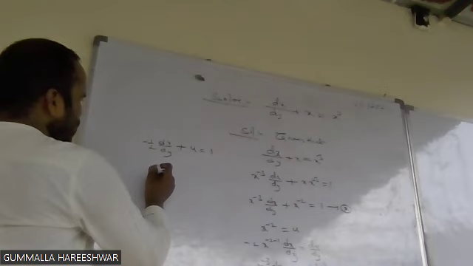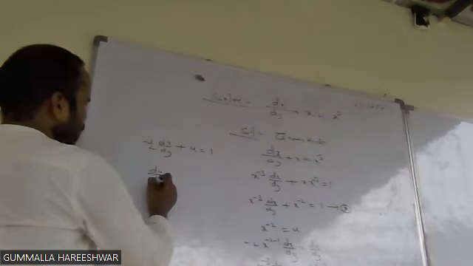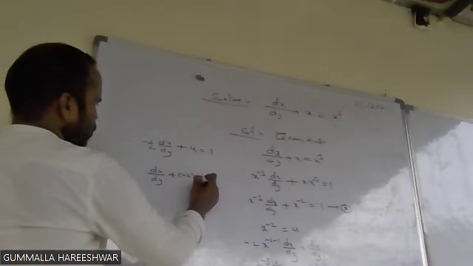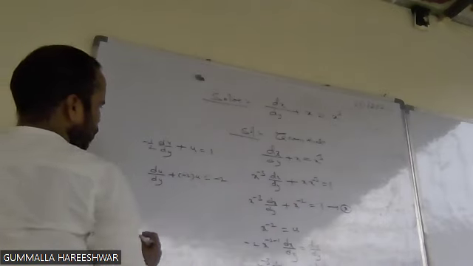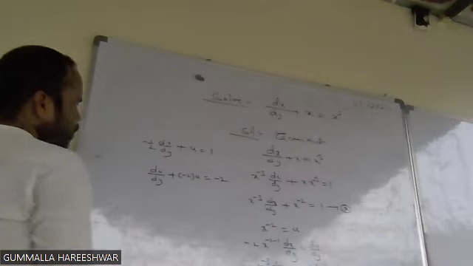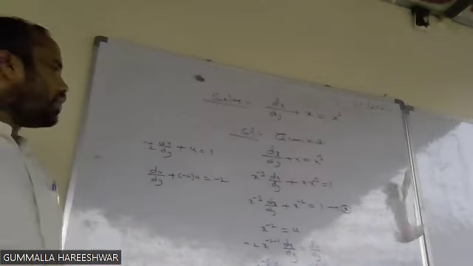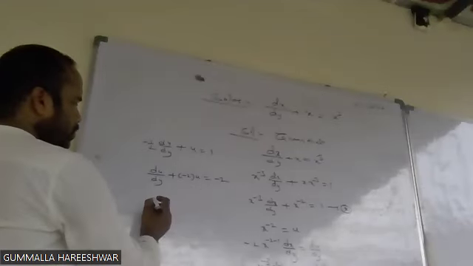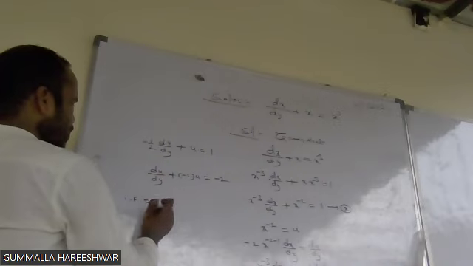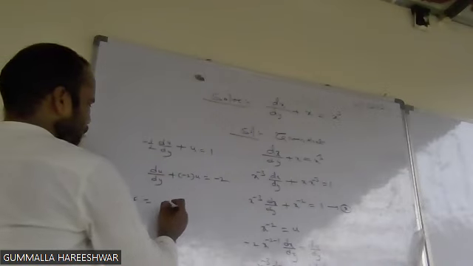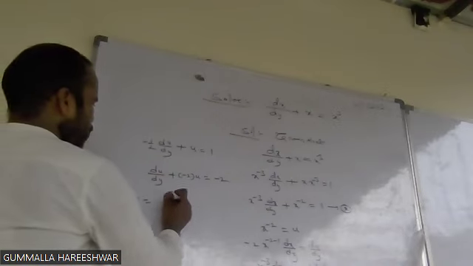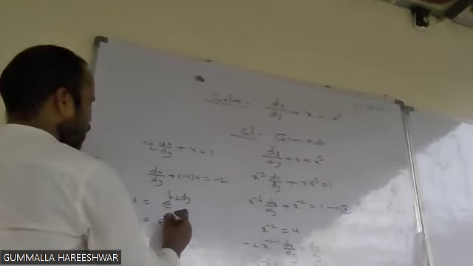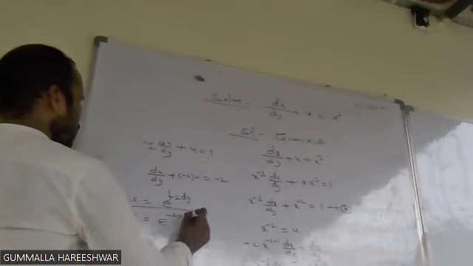We get du by dy plus minus 2 into u equals minus 2. Comparing with the linear equation, this is a linear equation in u. The integrating factor is e power minus 2y.